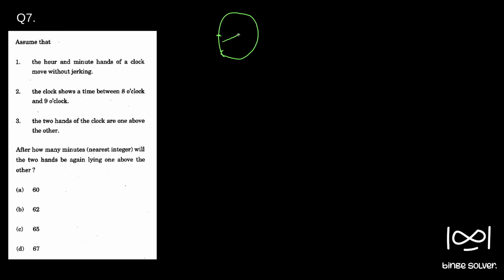Sometime like this, as it is given, the hour hand and minute hand overlap, right? It is asking how many minutes it will take for the hour hand and the minute hand to overlap again. After how many minutes will that happen? So that is the question.